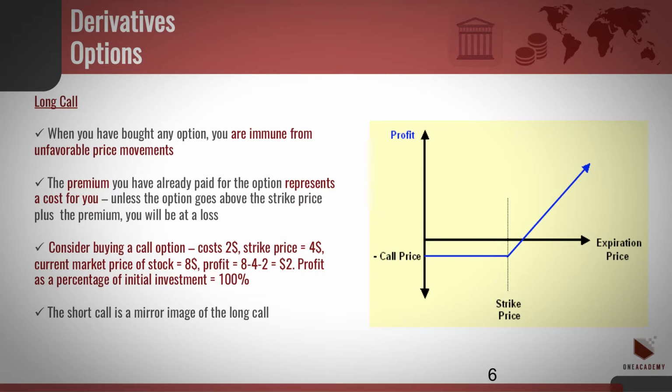You have revenue of $4 from this transaction, and when you subtract the cost of the premium, the $2, you profit $2. Profit as a percentage of initial investment equals 100%. The short call is a mirror image of the long call.